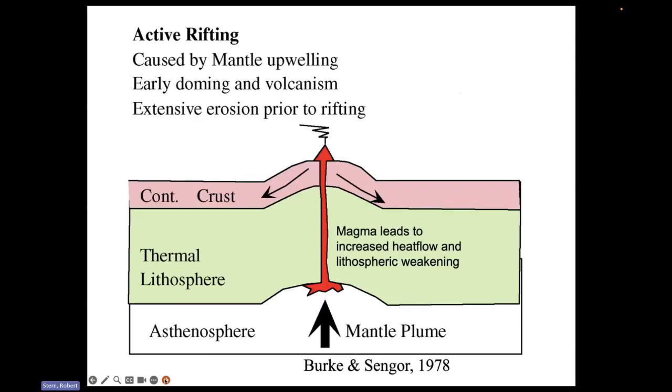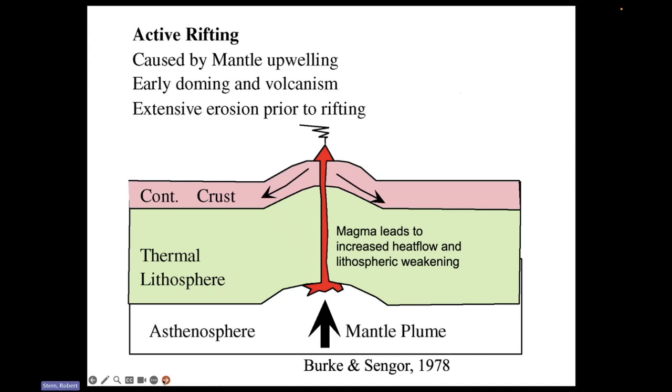All right, here we've got a cartoon of an active rift. So you've got a mantle plume, and that's causing an updoming and a lot of early volcanism, and then that's going to weaken the lithosphere, and any stresses are going to be concentrated in this zone of weakness.